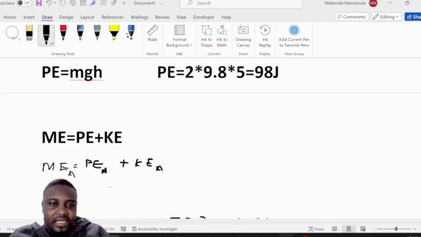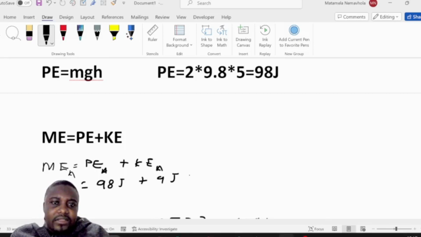This is mechanical energy. Because we already calculated the potential energy at A, it was 98 joules, plus the kinetic energy at A, which was 9 joules.